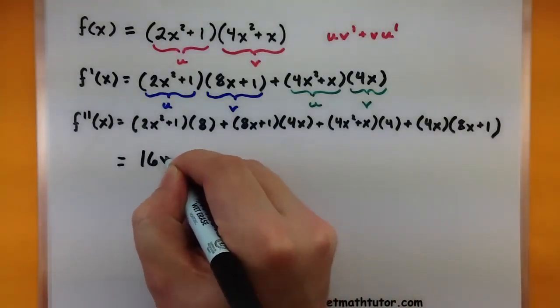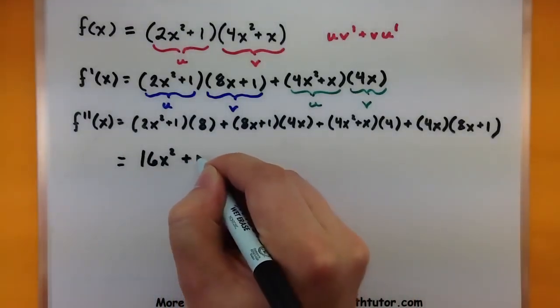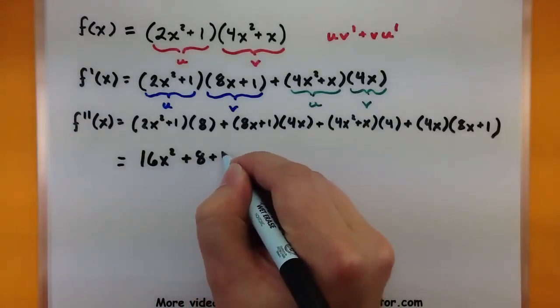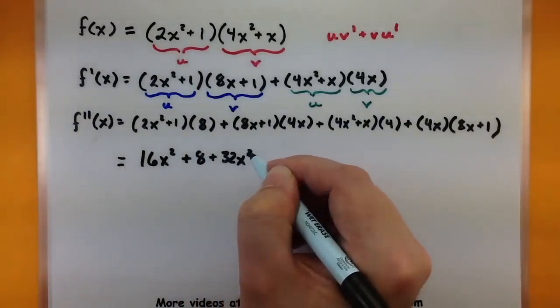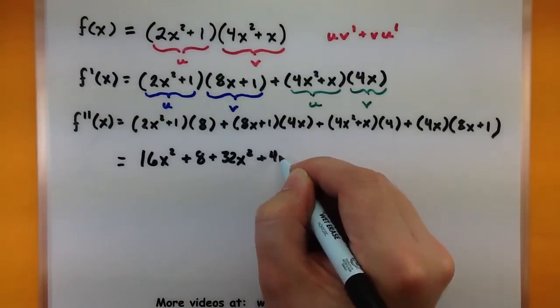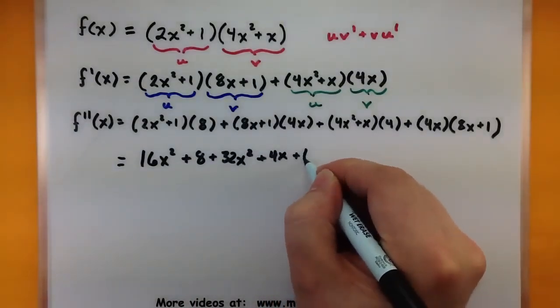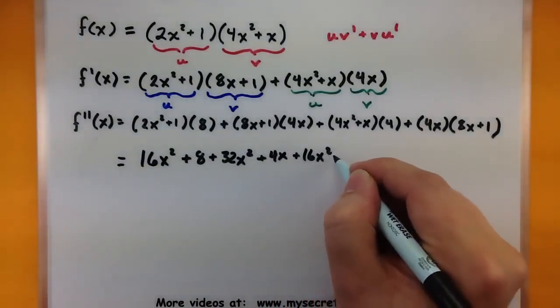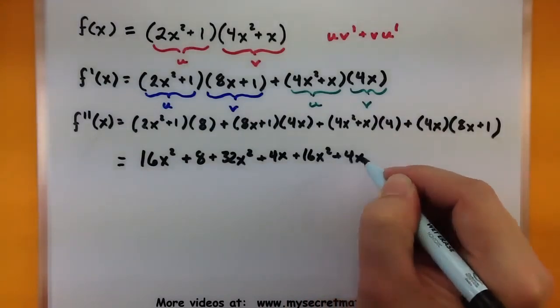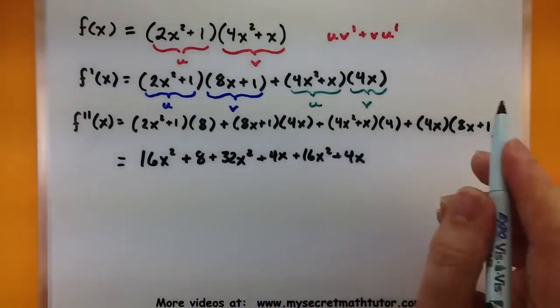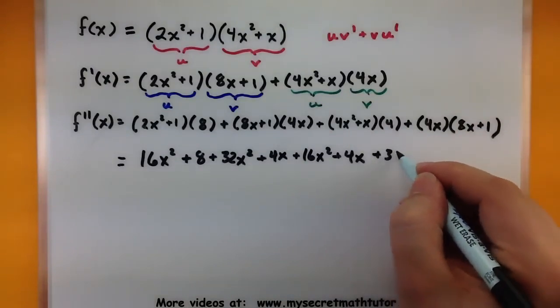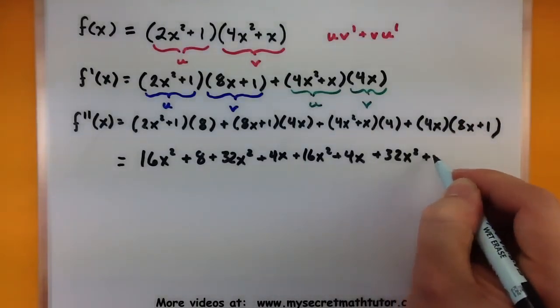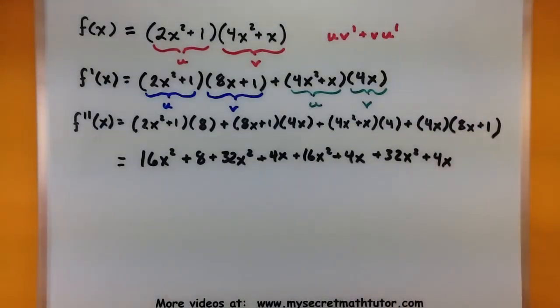So I get a 16x squared plus an 8 plus 32x squared plus 4x plus 16x squared plus 4x. See, now I need to distribute this one in here, plus 32x squared plus 4x.